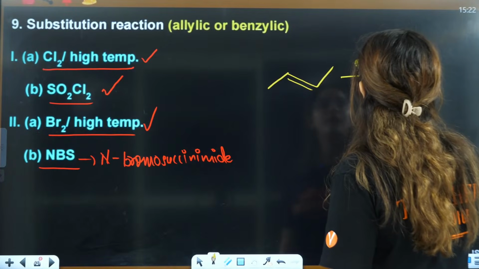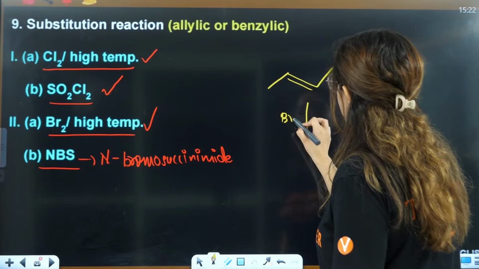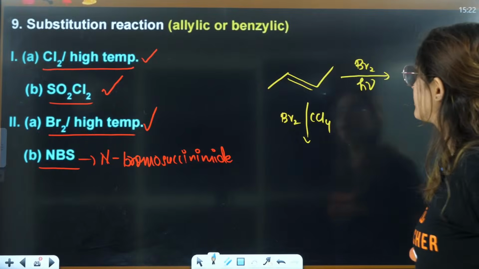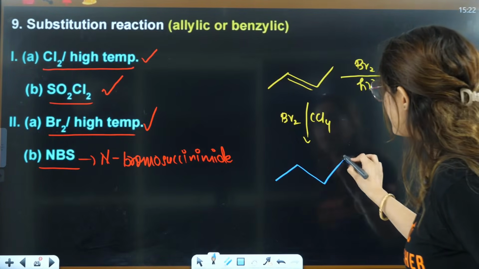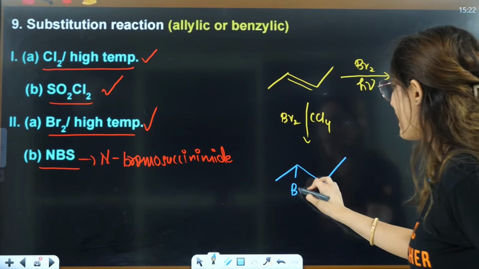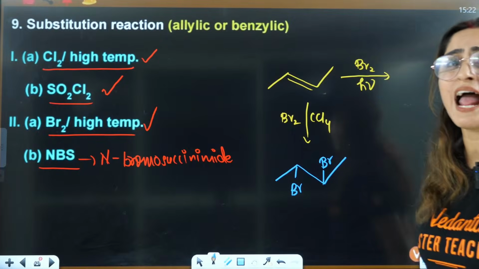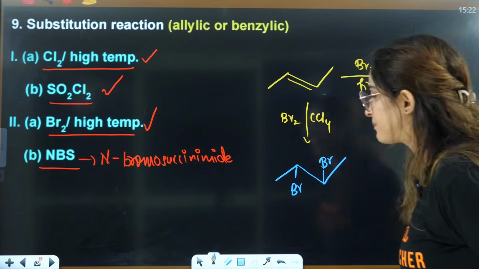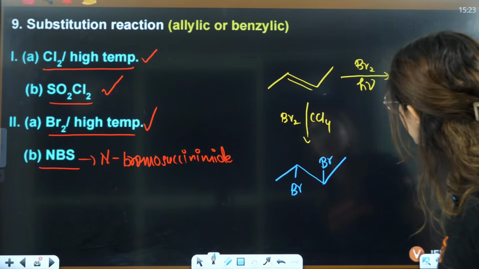For example, you have this kind of situation. You add Br2/hν or you add Br2/CCl4. Answers will be entirely different here. In case of Br2/CCl4, the pi bond will break and you will have the addition of Br here. That is anti-addition, if you remember. Now this is a trans product.